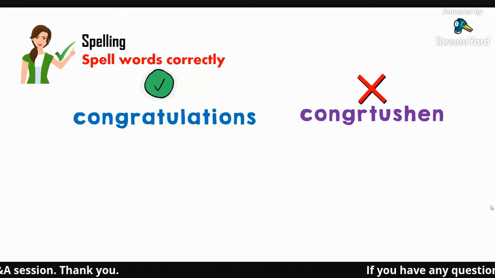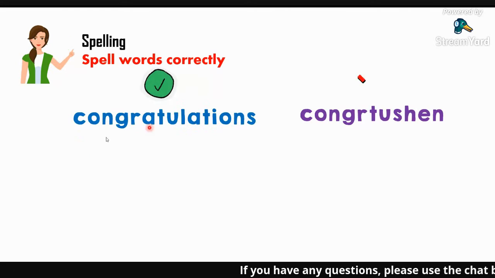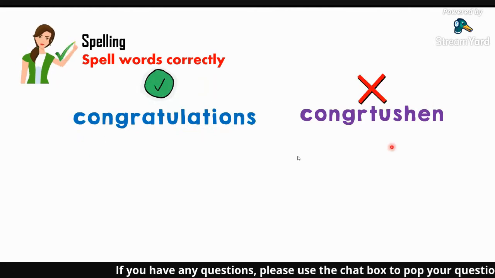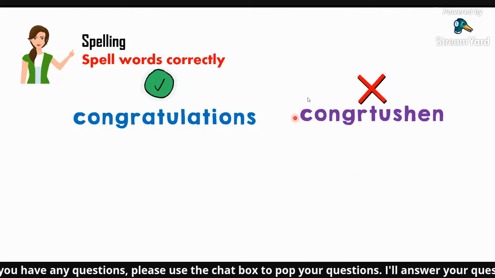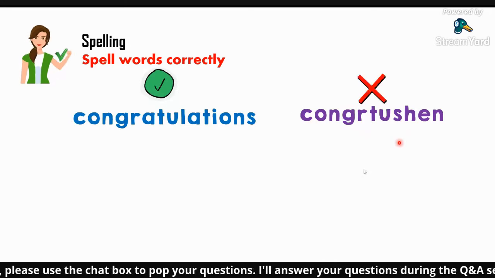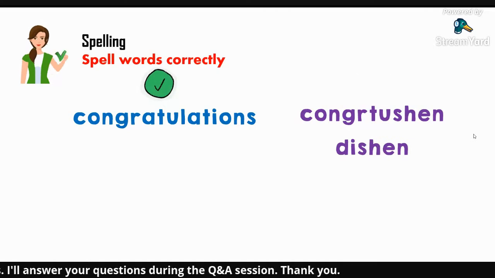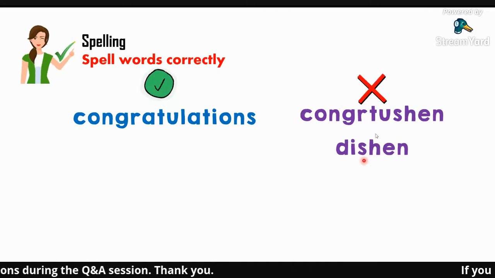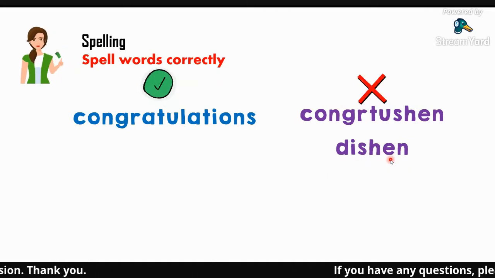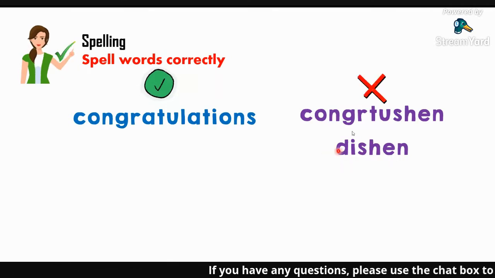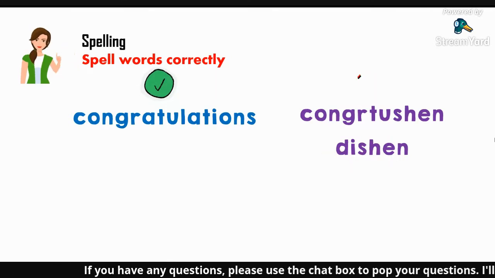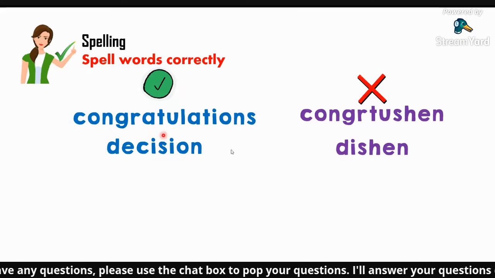It is actually congratulations, but it is spelled wrongly, and at the same time, it brings a different meaning. Let's look at the next one. "Dition." Anybody know the meaning of "dition"? No. It is actually decision.